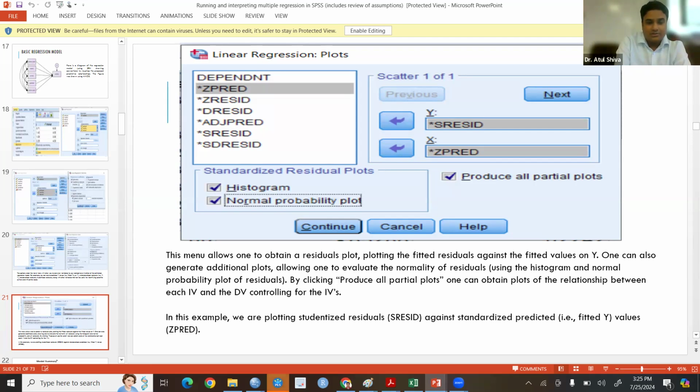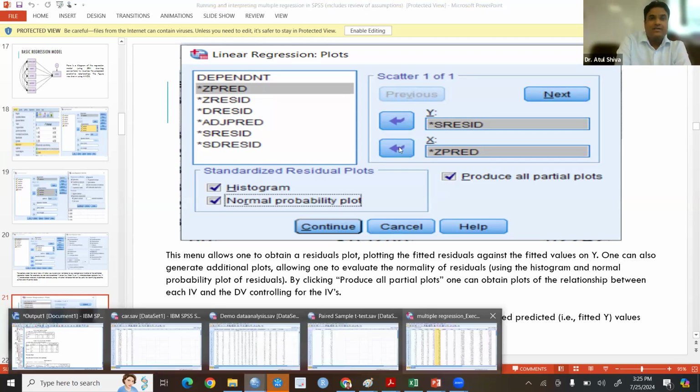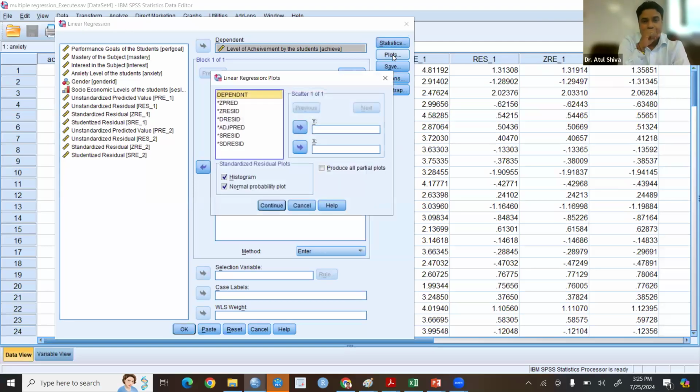Let us go to the software again and go to plots again. What is to be put under Y? Studentized residual. And what is to be put on X?